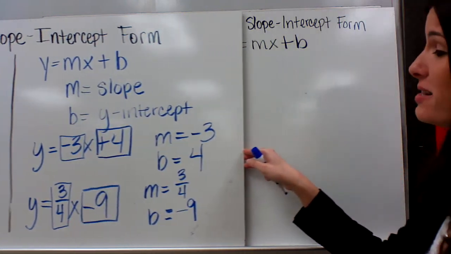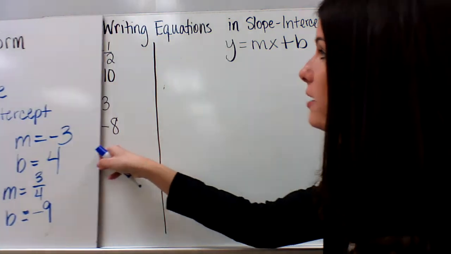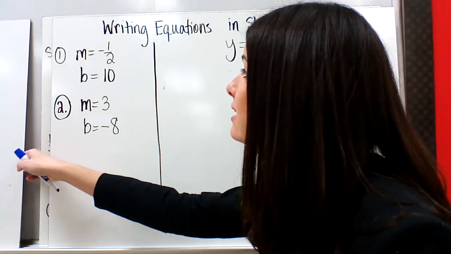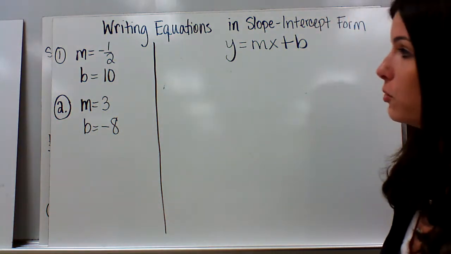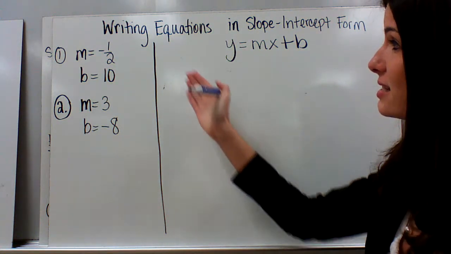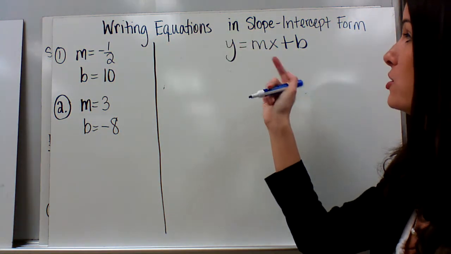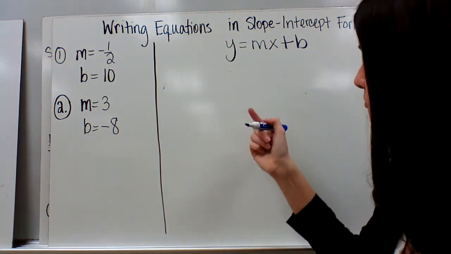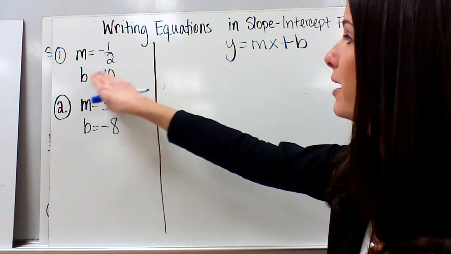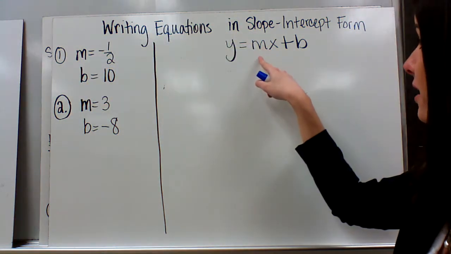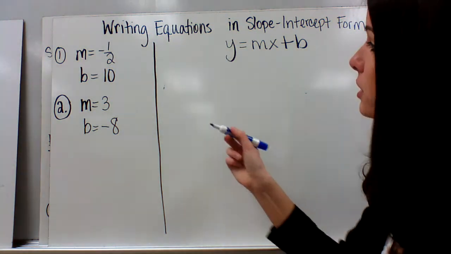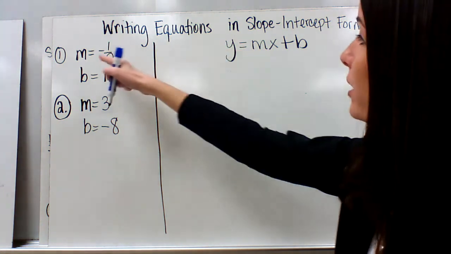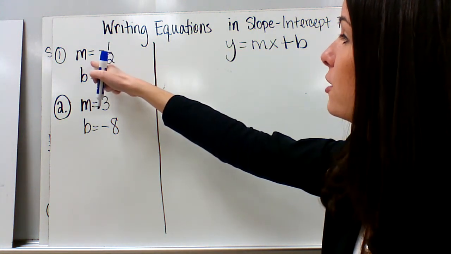Okay, so now that we know how to find our slope and our y-intercept when a linear equation is in slope-intercept form, let's write an equation in slope-intercept form when given the slope and the y-intercept. So when you're given your slope and y-intercept, all you're going to do is plug them in where they go in the equation. So on this one, we have our number 1, our slope is -1/2.